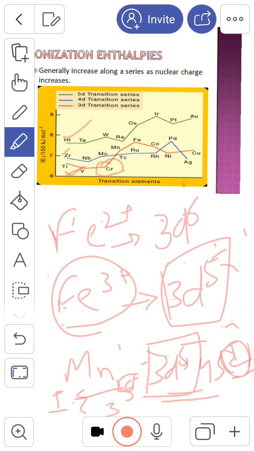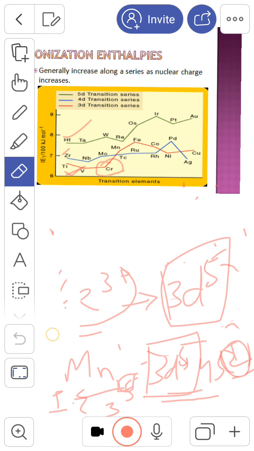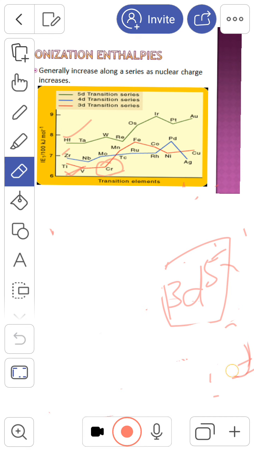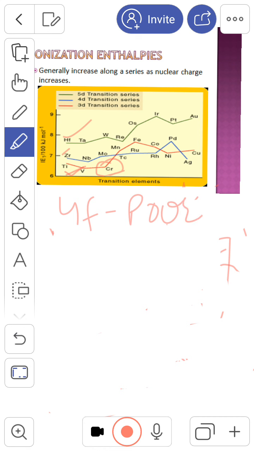This is due to the poor shielding effect of 4f electrons, because in the 5d series there are 4f electrons in the elements, and they have poor shielding effect. 4f electrons have poorer shielding effect than d electrons, and p electrons than s electrons.